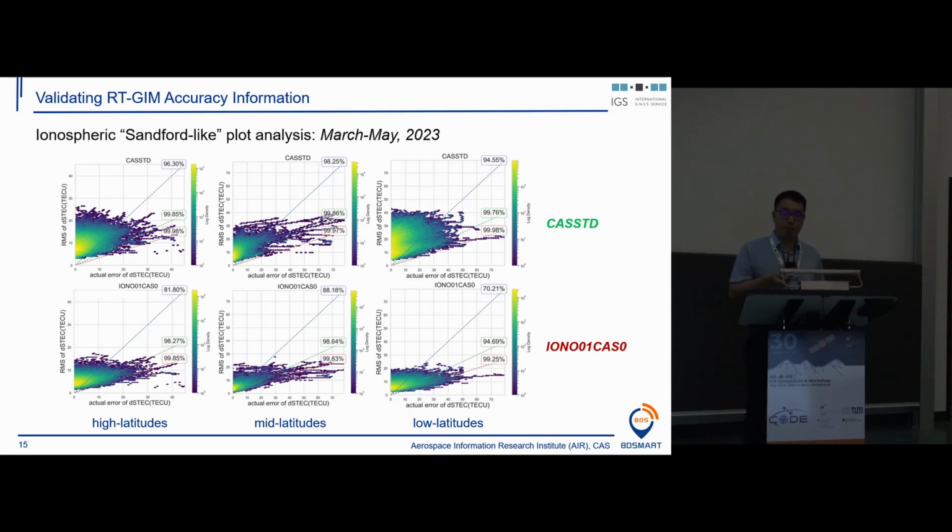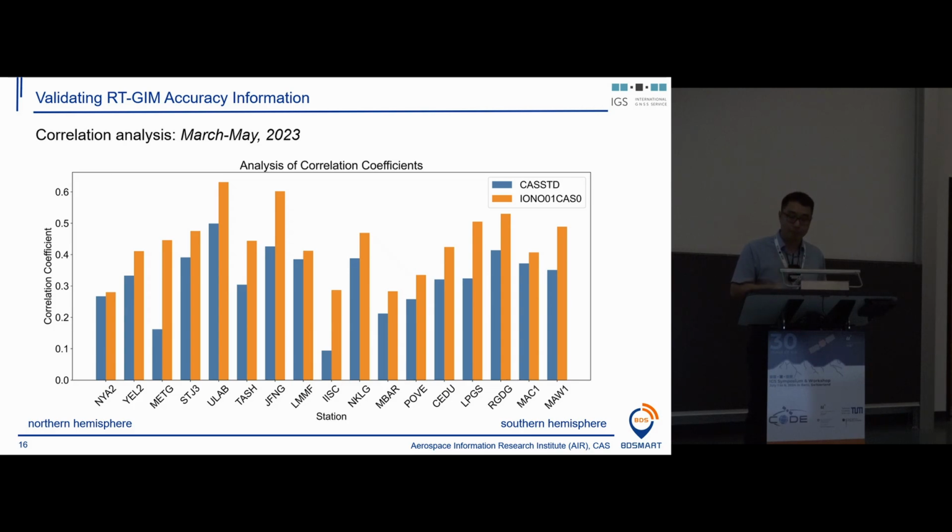Here we have made a comparison of the RMS maps provided by the old and new algorithms. Although the RMS information computed by those two methods can well capture those ionospheric residuals, we can see that the RMS information computed by our newly proposed method, I mean the values on the y-axis, are quite smaller.